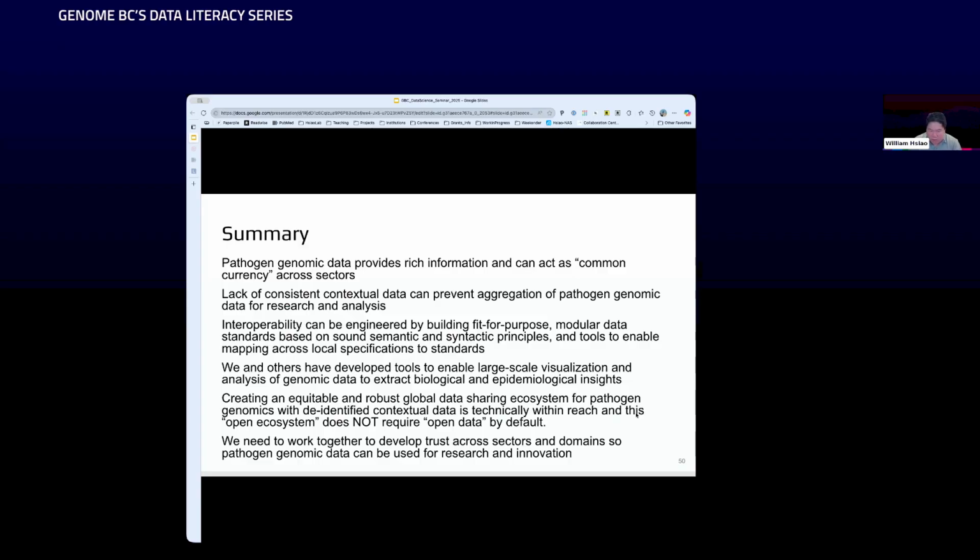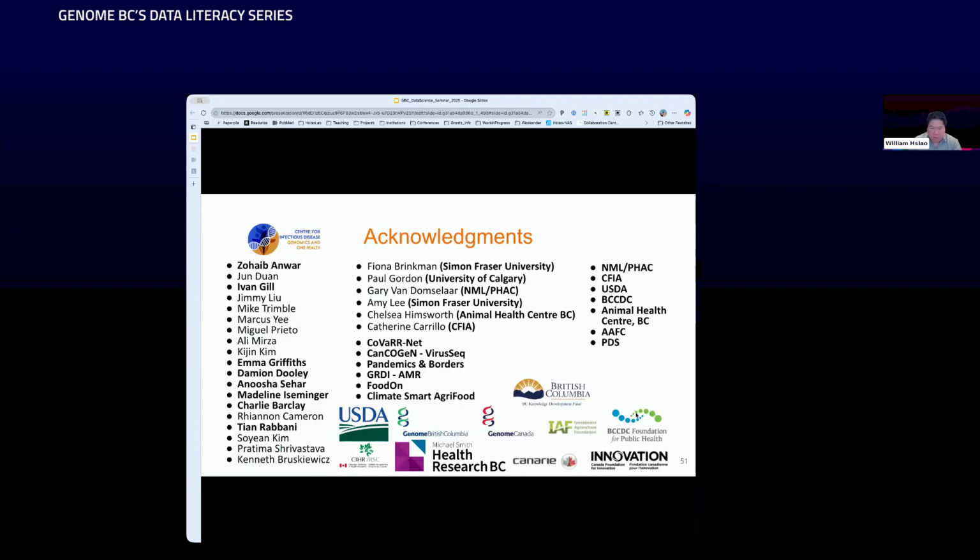Rather, it's a process of opening your data to more and more utilities and share the common benefits of such practice. So we need to work together to develop trust across sectors and domains so pathogen genomic data can be used for research and innovation.